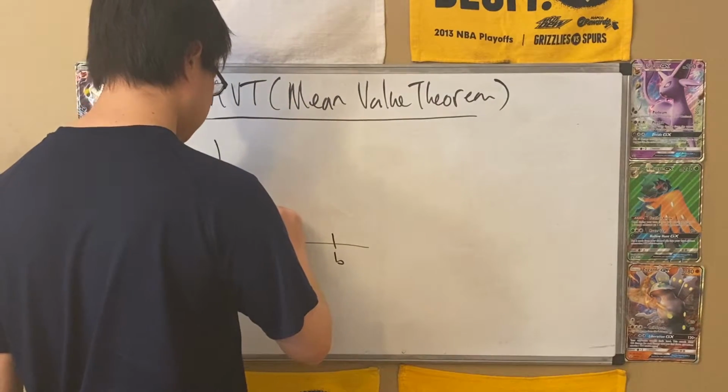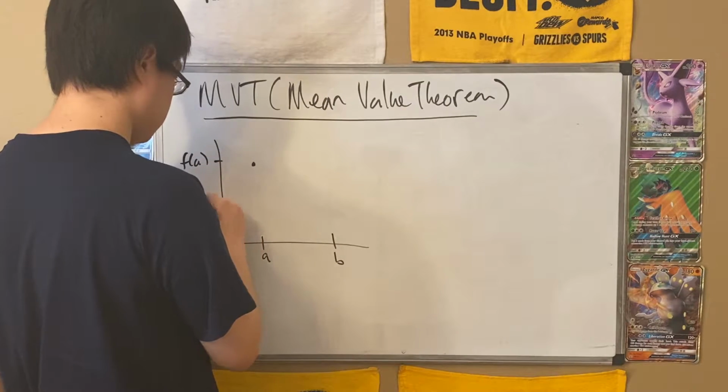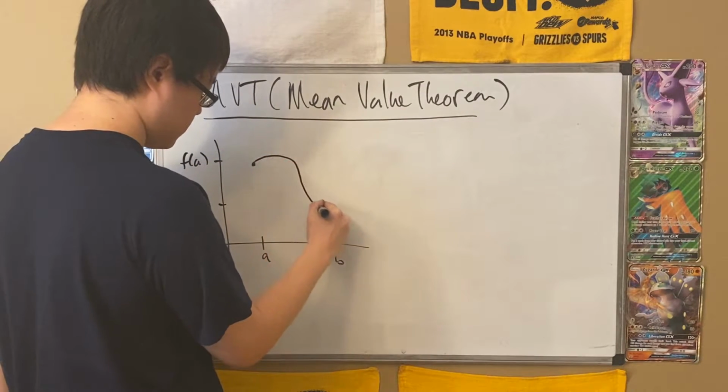let's try to draw this again. Let's say we have f of A right here, f of B, and we have this curve, something like this.